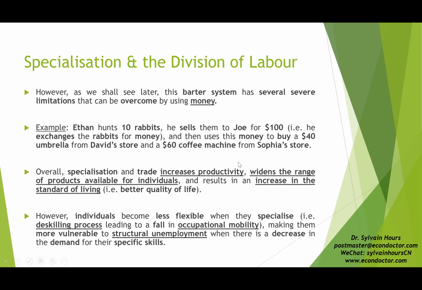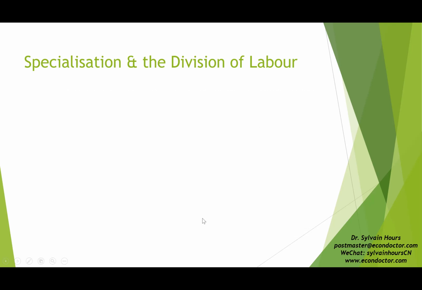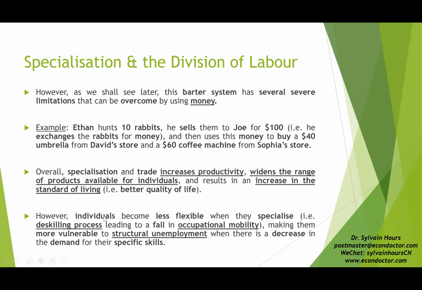For individuals, when they specialize, they become less flexible. They might become de-skilled, so they have lower occupational mobility, and are more likely to become structurally unemployed. Again, these are keywords that we will study later, but it's a good idea to introduce them and mention briefly what this is about. Then when we study them in more detail in the future, your students might remember what this is about.